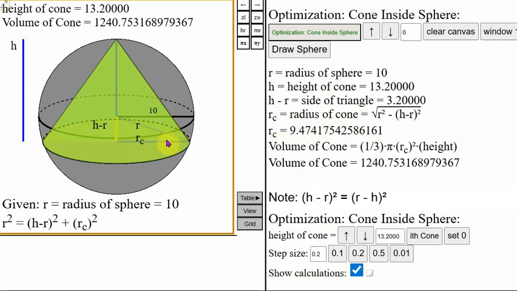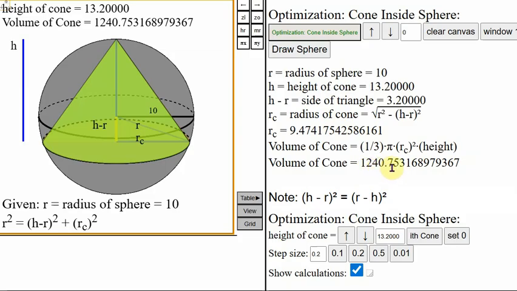Right now it's at 9.4741. And then the volume of the cone is just 1/3 times pi times the radius squared times the height. In this case, r sub c would be 9.4741, and the height is going to be 13.2. And that will give us a volume of 1,240.